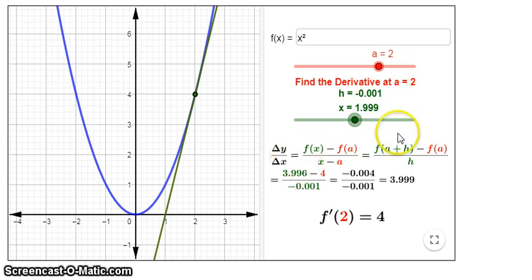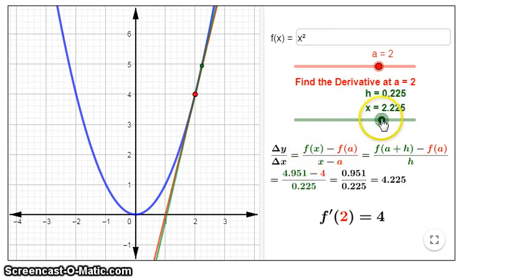Let's look at the calculations here so we can understand these formulas a little bit better. So once again, I have 2 points, and let me move them apart a little bit more so they're easier to see. My target point is a equals 2, and so f of a is whatever f is when I plug in 2. Since my function is x squared, if I plug in 2, I should get 4.